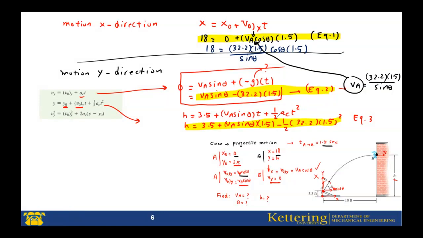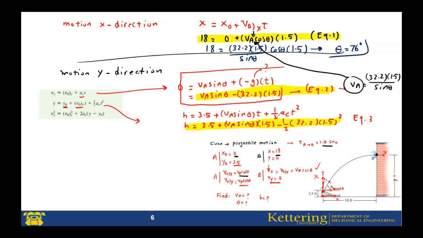This is the reason you have to bring your own calculator. You cannot find theta by hand. If you can't find it, let me know. I already solved it in my first class. Theta will be 76 degrees.